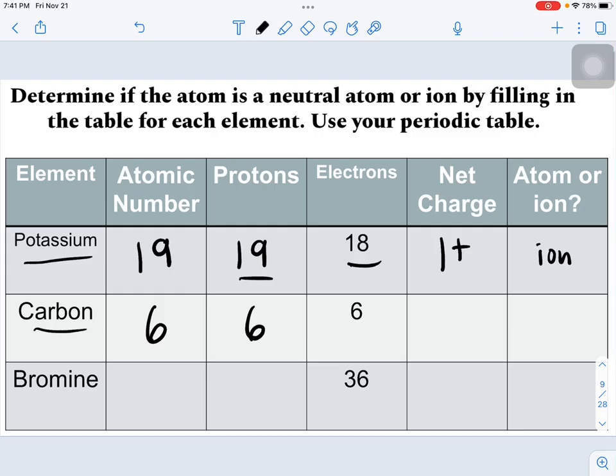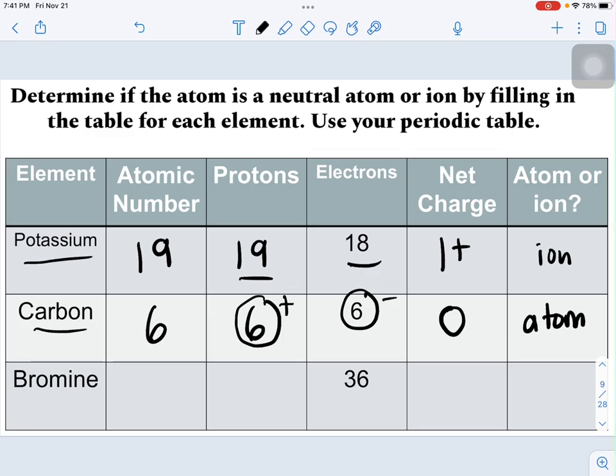Now, we said we had 6 protons, and we also have 6 electrons. So from the protons, we're going to have a 6 plus, and from the electrons, we're going to have the 6 minus. Whenever we have the same number of protons and electrons, we have a 0 charge, and it is just a regular atom, okay?